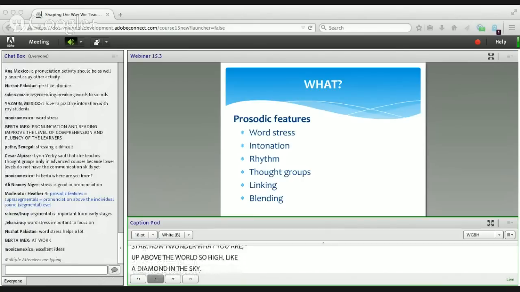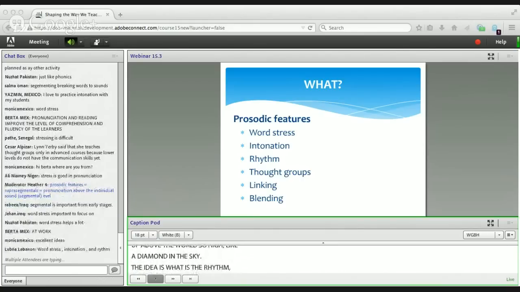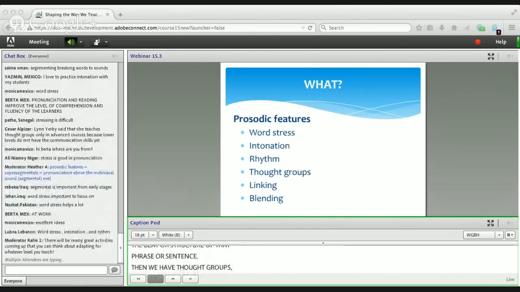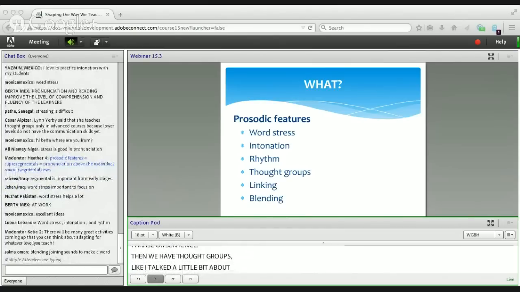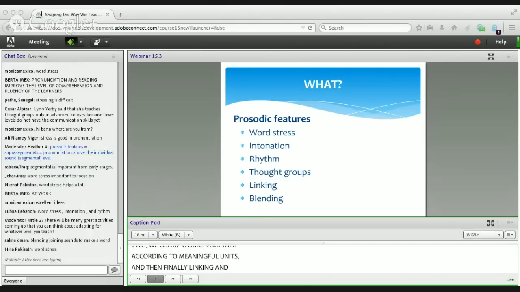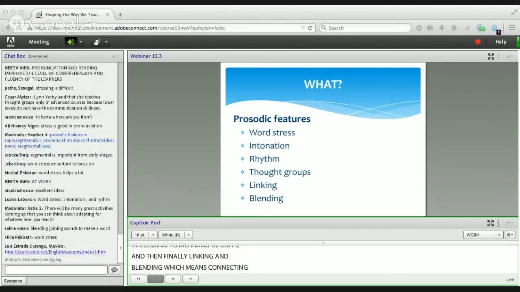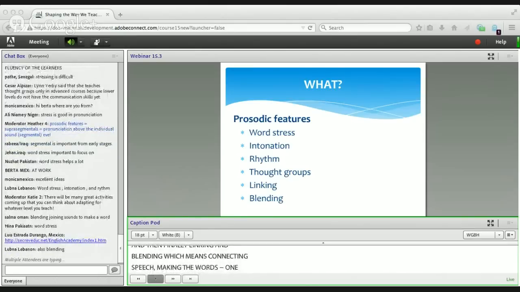Then we have thought groups, which I talked a little bit about above, where we group words together according to meaningful units. And finally, we have linking and blending, which means connecting speech, making one word flow into the other. We don't want to sound really choppy when we're talking.